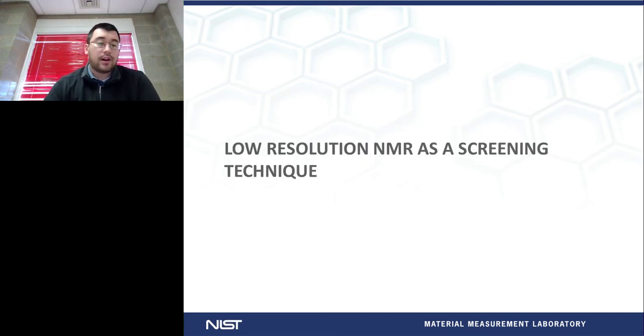So from that, I want to move on to some work that we've been doing that is very much related to this, using low resolution techniques of NMR as a screening technique for higher order structure.